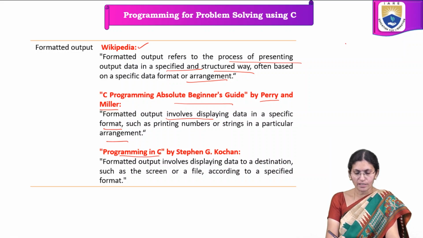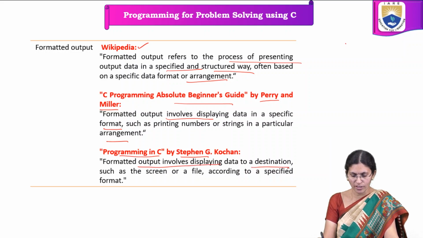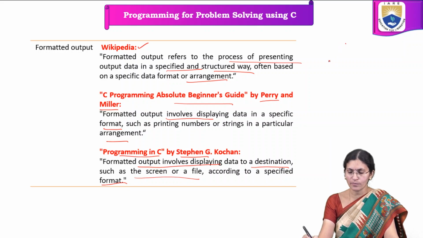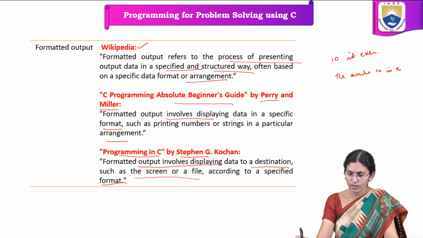In the textbook titled Programming in C by Stephen, formatted output involves displaying data to the destination, such as the screen or file, according to the specified format. Suppose we want to get the data in this way: 10 is even, or you can say the number 10 is even.